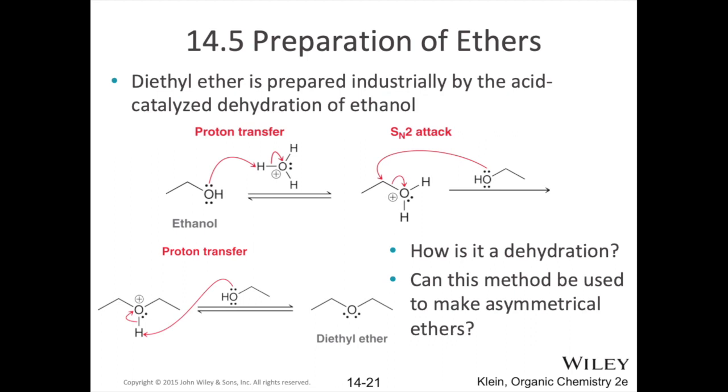A quarter of your product will probably be each dialkyl product. So let's say we use methanol and ethanol, and you want methoxyethane as your product. Well, half your product will be methoxyethane, a quarter of your product will be dimethyl ether, and the other quarter will be diethyl ether. Okay, so you can't control that with this method.